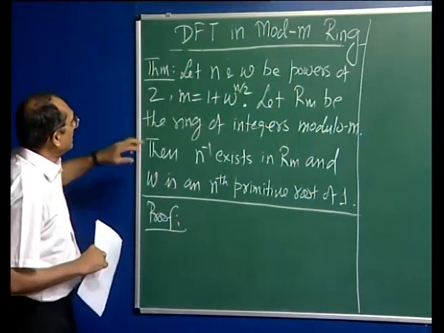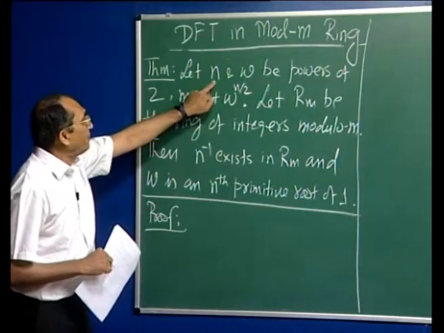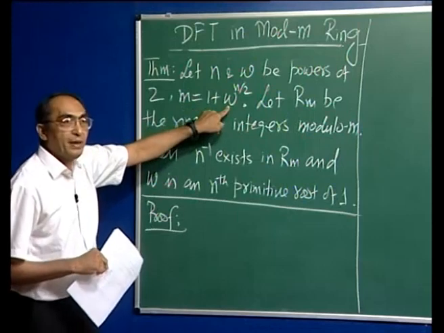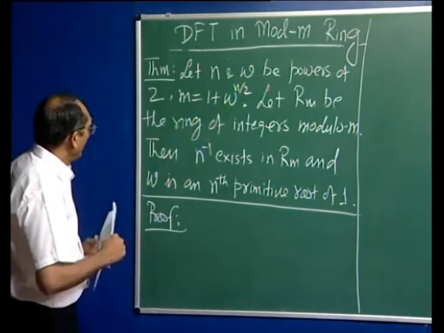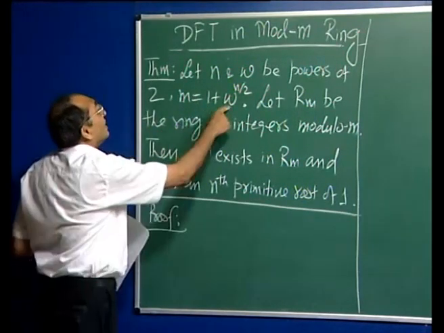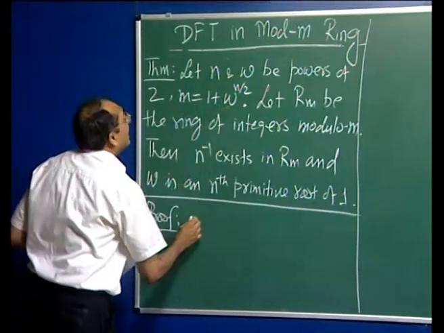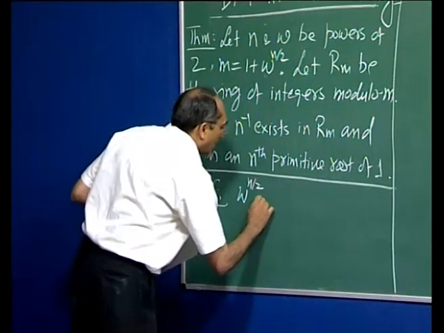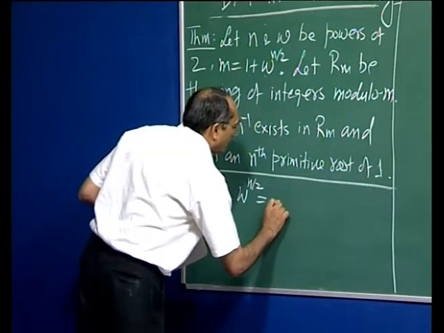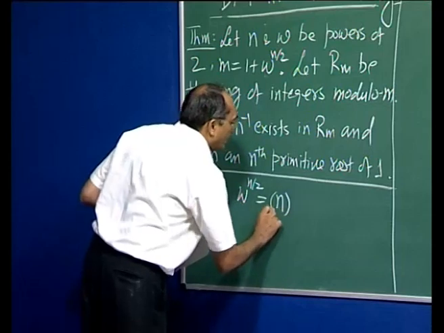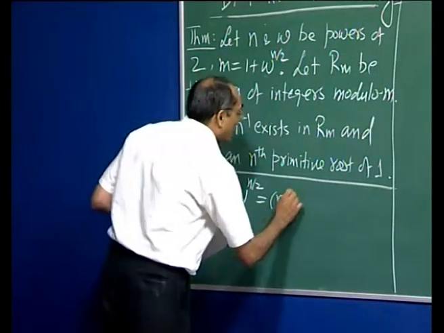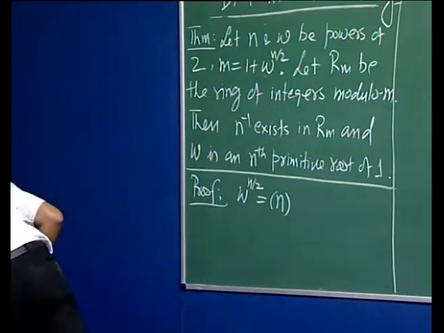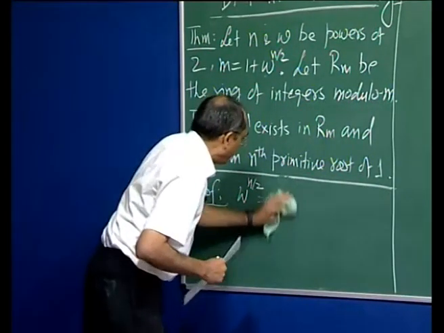Now, the first thing you notice is that n is a power of 2 and m is 1 plus a power of 2. So, w to the power n by 2 is n to the power of some alpha. Well, I do not even need the power.